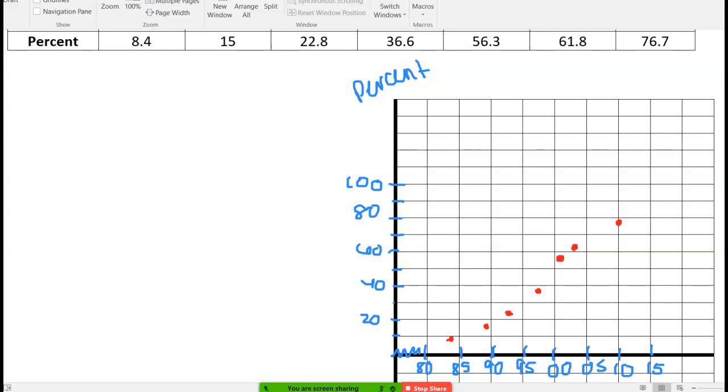So again, I can look at this data and see that it is increasing, so it would be a positive correlation. They look pretty close together and pretty linear, so it is strong.